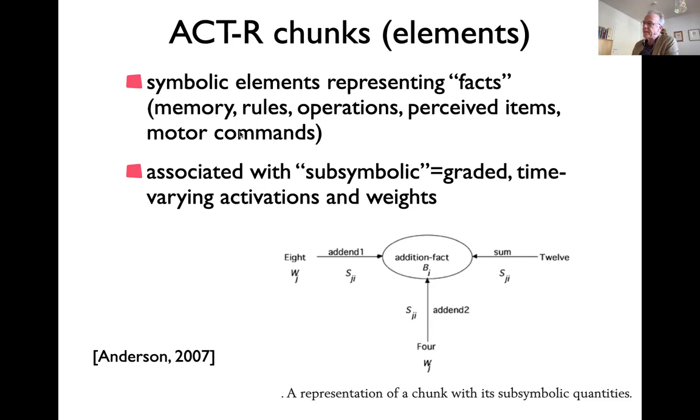And so in their notion, there are these elements that have activation variables, and they represent things, for instance, a memory of numbers, rules, operations, perceived items, motor commands, and so on. And the weight and so on, that's the subsymbol. So they are symbols, they stand for things. And the subsymbolic aspect is that there's some activation that evolves in time that is associated with the symbol, and that tells whether that symbol can do its job or not.